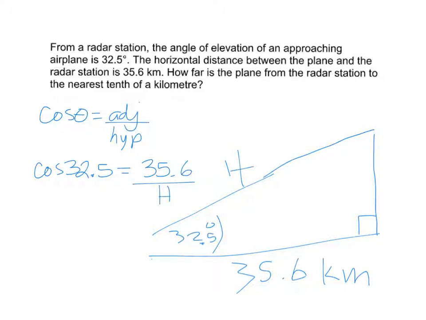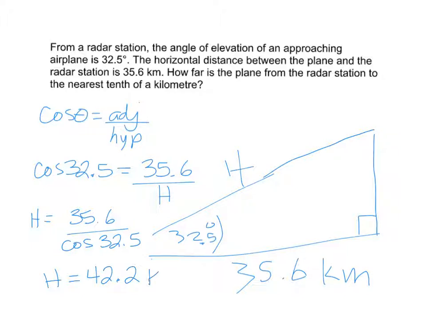So you have to divide to get your answer. You're going to do 35.6 divided by cosine of 32.5. When you put that into your calculator, you get the answer of 42.2 kilometers. That's to the nearest tenth.